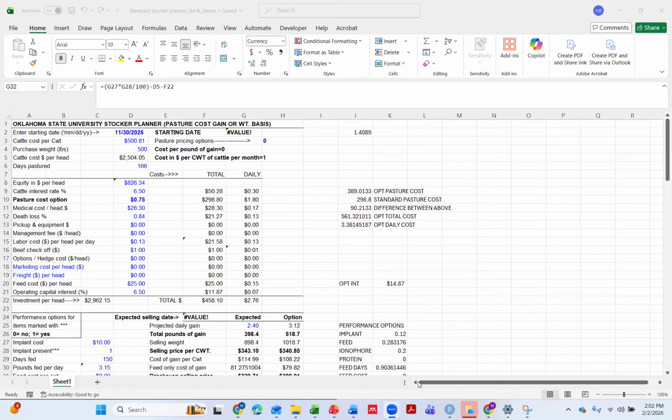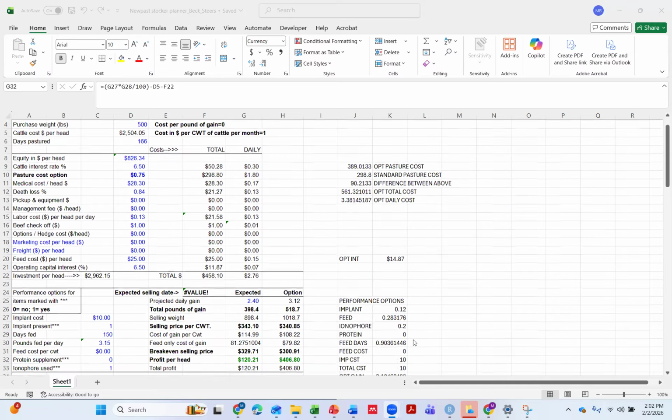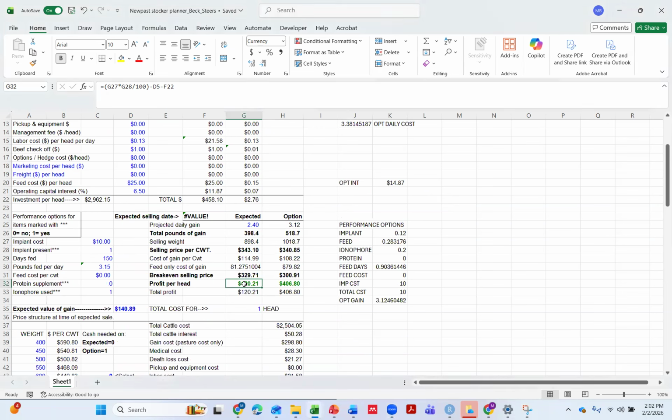However, I was told growing up that if you're making $100 per head, you're doing really good. So I think this scenario is probably pretty realistic. There's still some question marks around this break-even selling price, but I think that if you're making over $100 per head over the very long term of the 10 years, you're probably doing really well as a stocker producer.